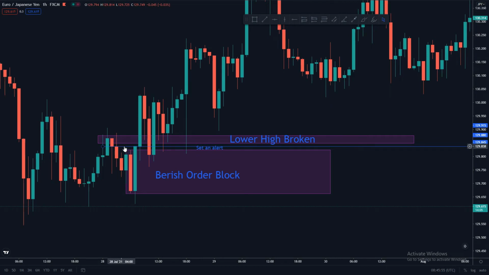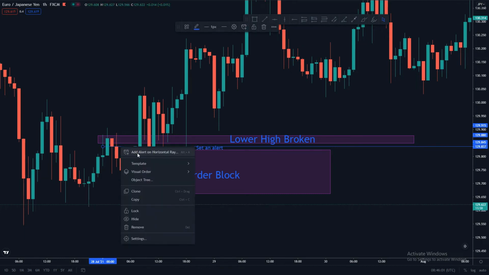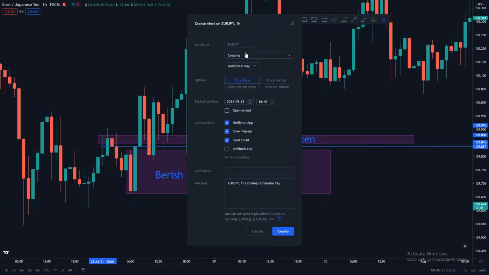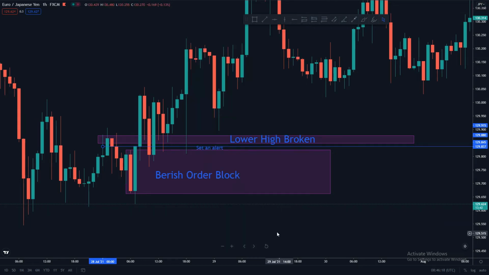You can just identify your line or your level, then you right click, then you say add an alert, then the platform will give you the options, and then you just say create, then you create an alert. Once the price comes to that level, you will be notified, right?